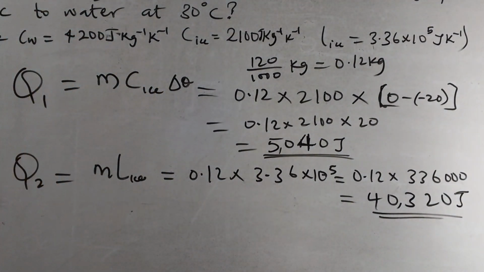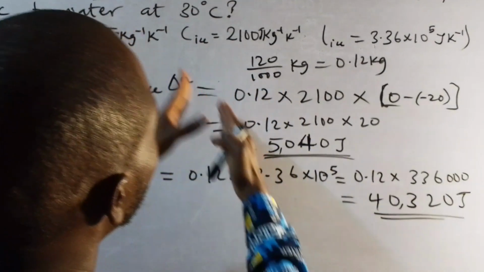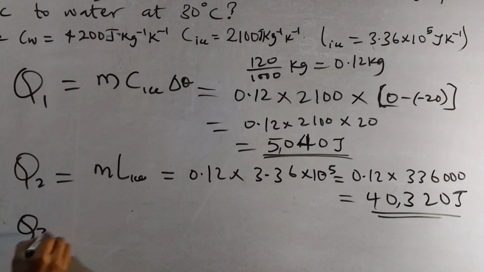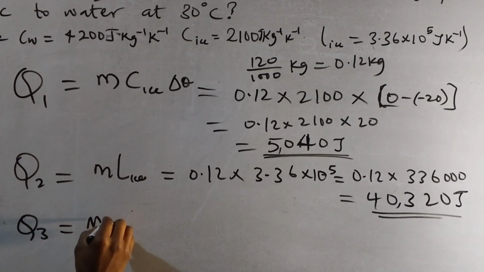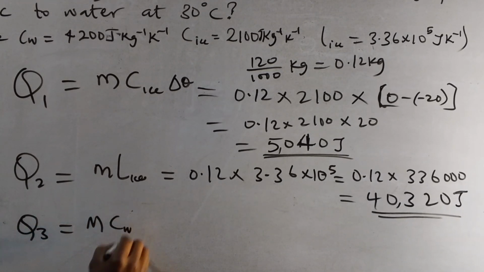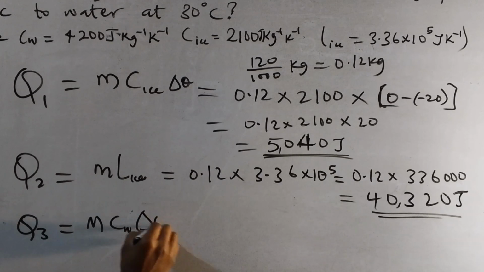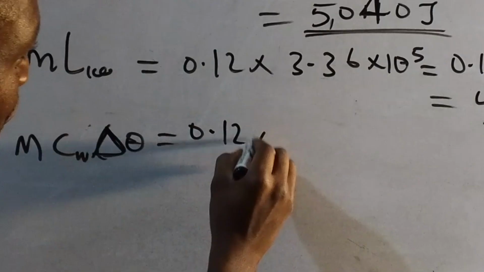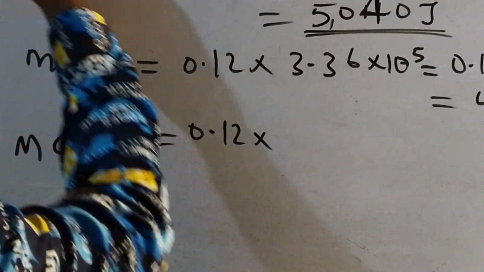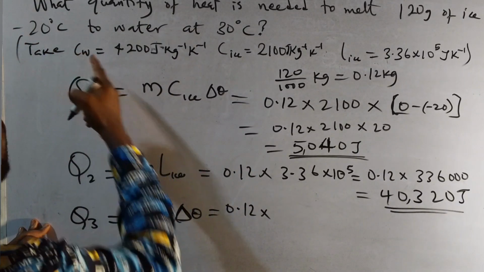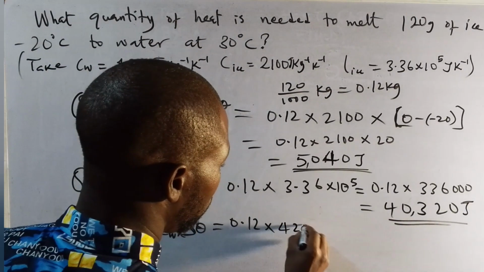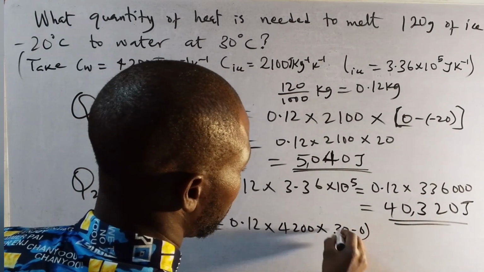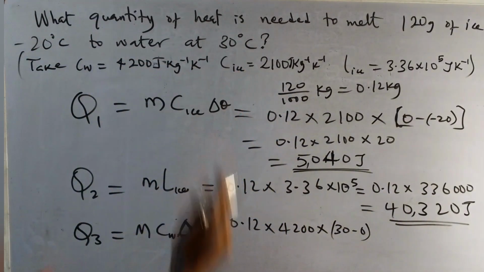The third heat will now take it from water at 0 degrees Celsius to water at 30 degrees Celsius, which is Q3, which is m c of water times change in temperature. That is 0.12 times specific heat capacity of water, 4200, times change in temperature, which will be 30 minus 0 because it's changing from 0 degrees to 30 degrees.